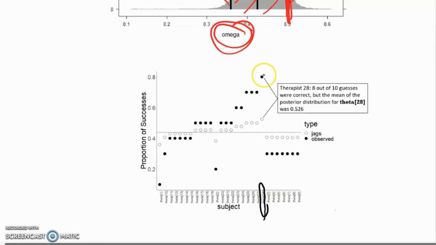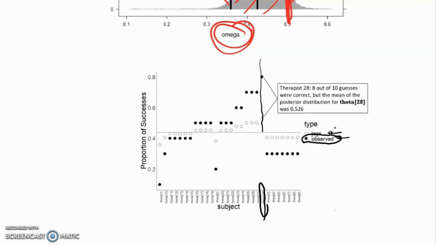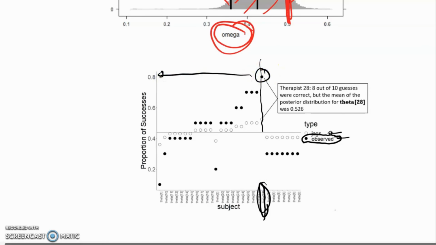So there's therapist 28 right here. We've got some open circles and some closed circles. The closed circles are the percentage of times that the therapist was able to correctly identify the hand. Therapist number 28 did really well and identified the correct hand 8 times out of 10.